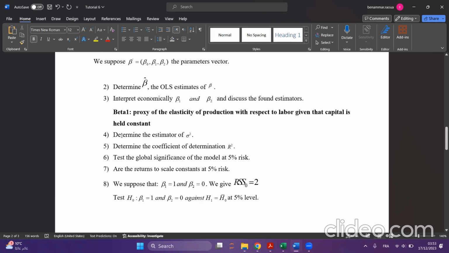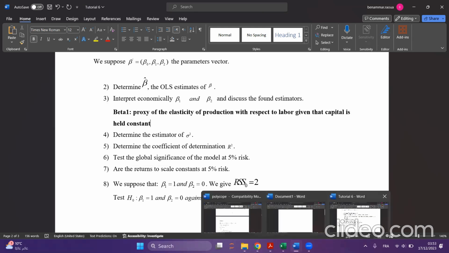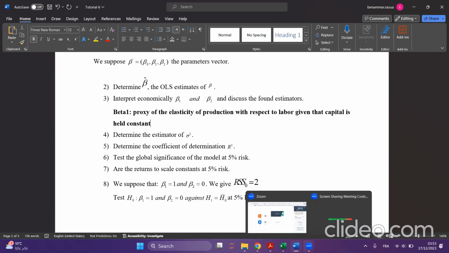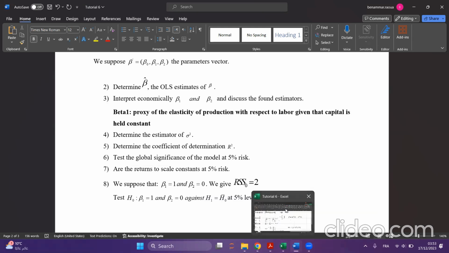Okay, so next question is determine the estimator of sigma squared. Sigma squared is the variance of the error terms, which is constant based on the assumption of homoscedasticity. Okay, so to do that, I'm gonna use Excel as well.